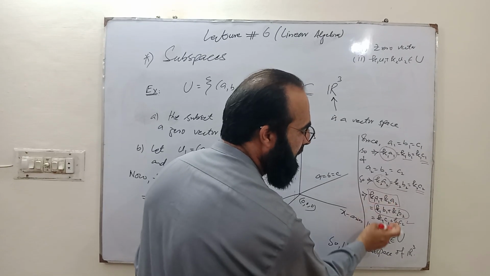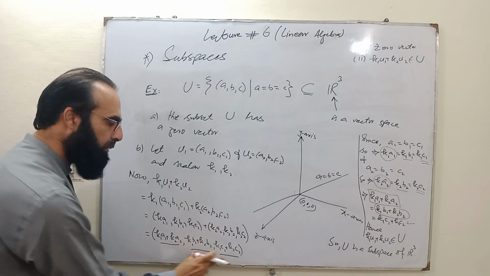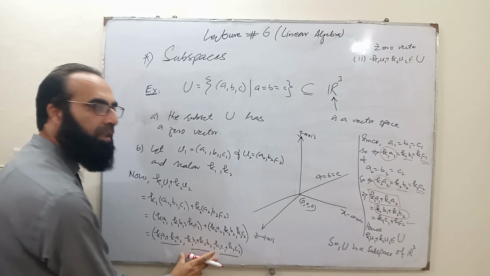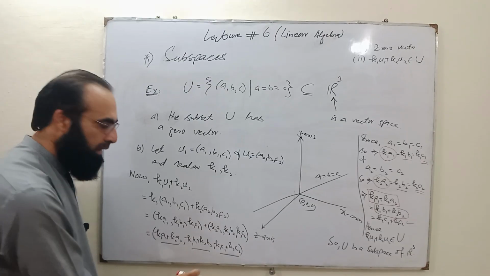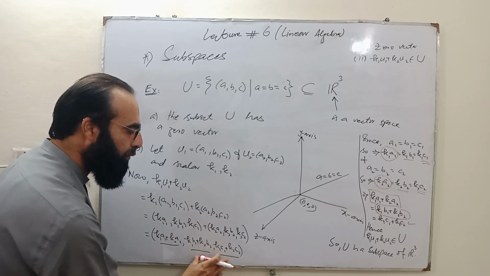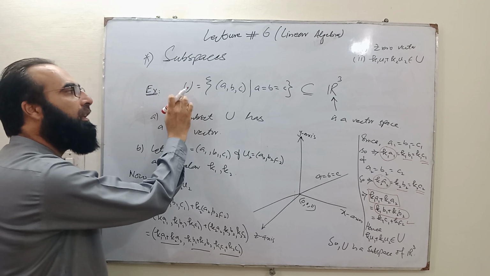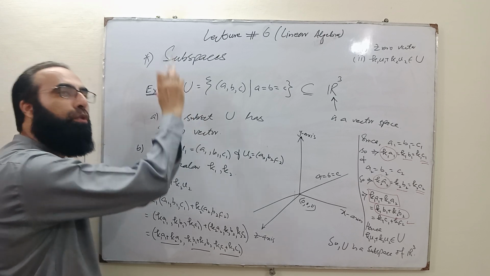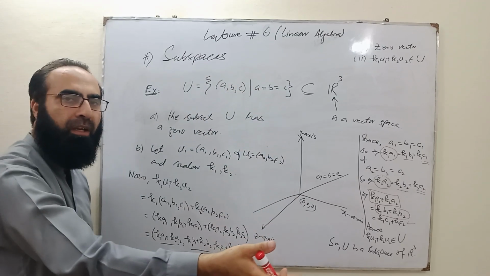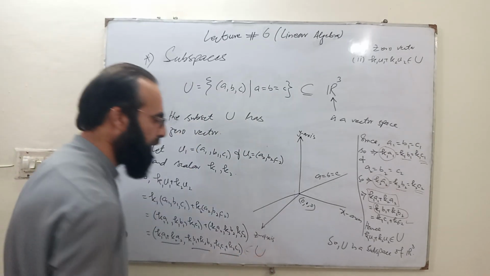And since all these three are same, this shows that all the three components of this vector are same. And when these components become same, then we say that this vector will belong to subset U, because this subset U contains those vectors whose components are same. So that's why this vector belongs to U.